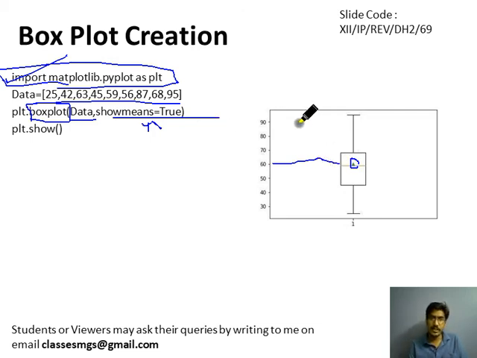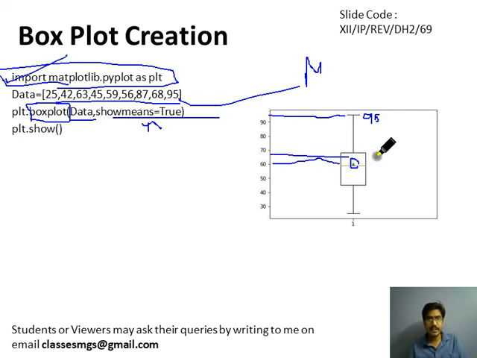So this is the maximum number in the data set, I think 95. So maximum is represented as 95, and we have this upper quartile. Upper quartile is somewhere like 78 or something, or it is like 68.